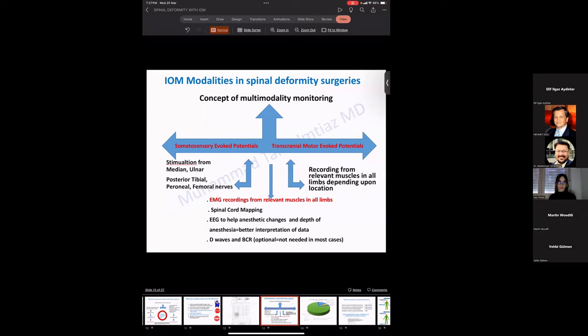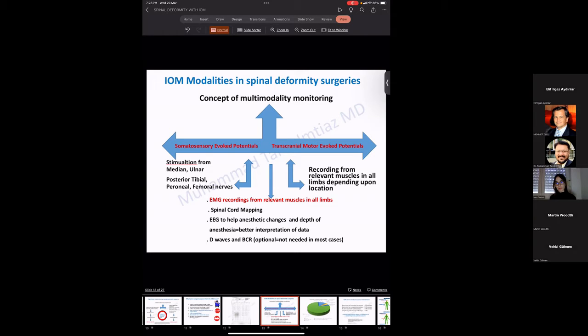If you have a good EEG, you can communicate to the anesthesiologist whether the patient is light or deep. They can change their dosages of TIVA and get somatosensory evoked potentials in very few averages. So in our setup, we get somatosensory evoked potentials in like 5 or 6 averages. That's good enough for us to get a reliable waveform.